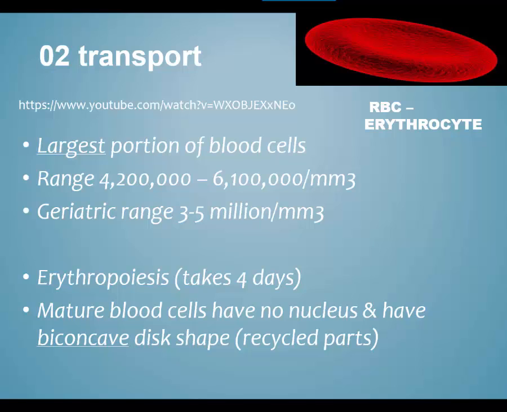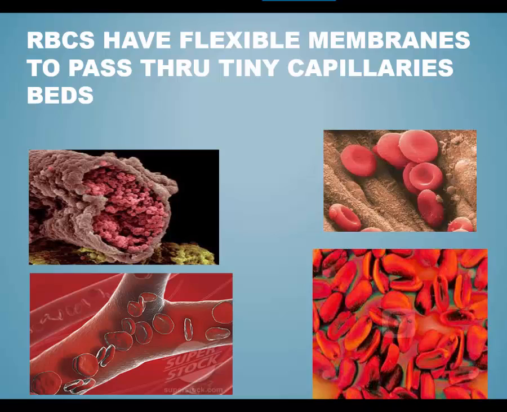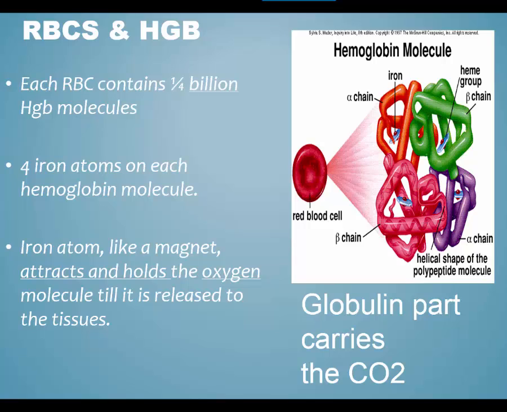It shows you that we must have functioning RBCs with adequate iron and globulin to have optimal gas exchange. Red blood cells can fold to go through the tiniest capillaries as long as there's not peripheral vascular disease. This slide shows that each hemoglobin molecule carries 4 iron atoms that attract and transport the O2 to the cells, where the globulin part of the molecule attracts and carries the CO2 back to the lungs.